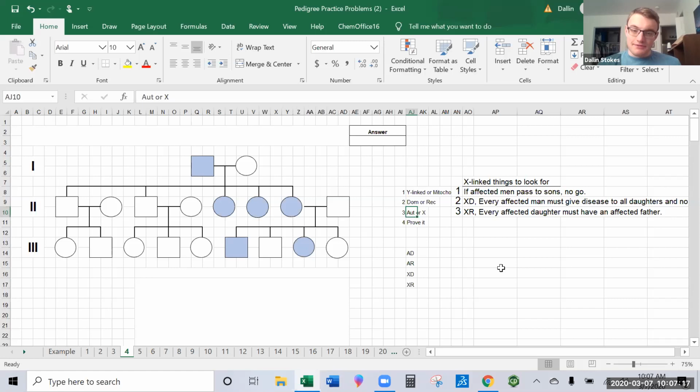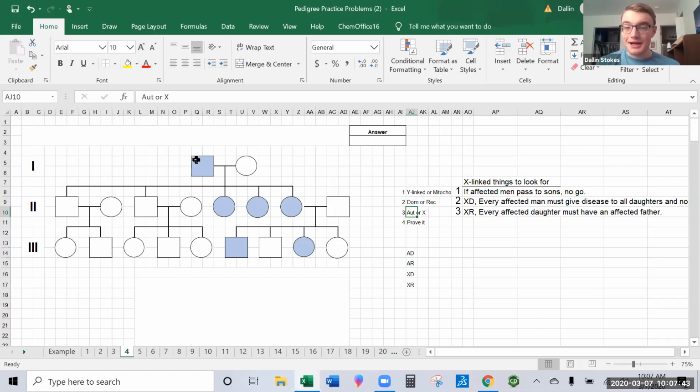Okay, here we go. Autosomal or X-linked. In this case, if we count the number of women, I've got 1, 2, 3, 4 women to 2 men. That's twice as many women as men, which in this pedigree, that's pretty respectable.